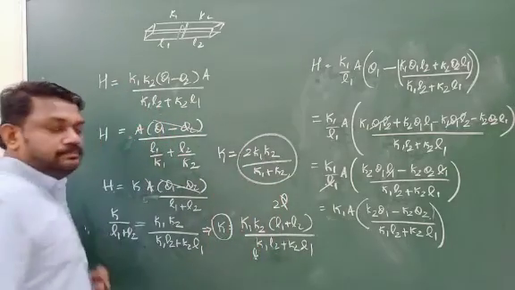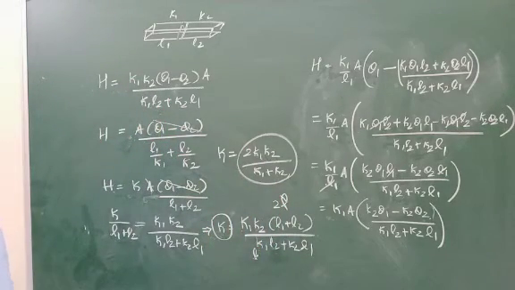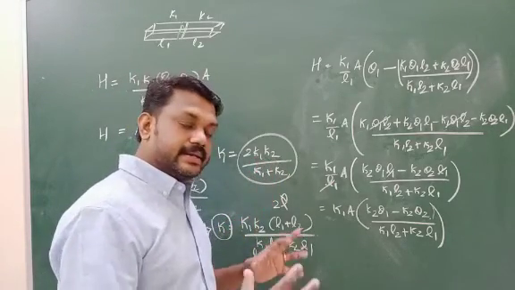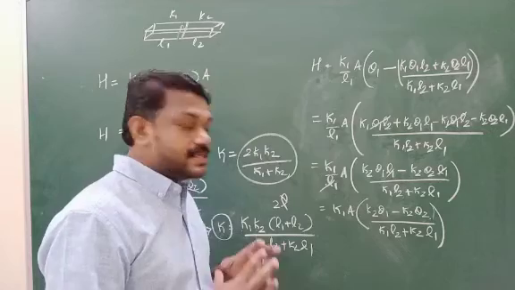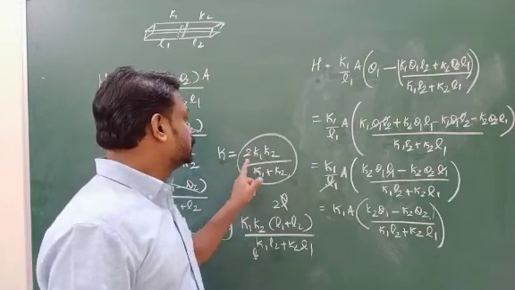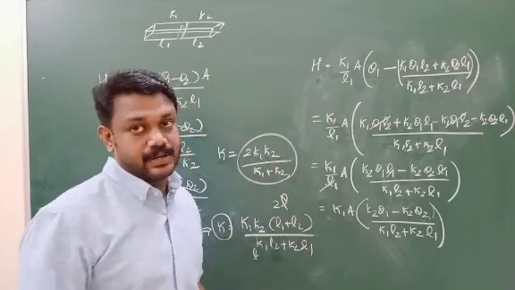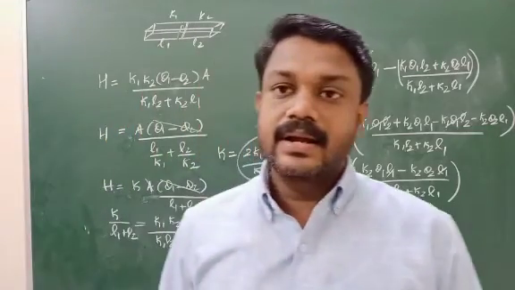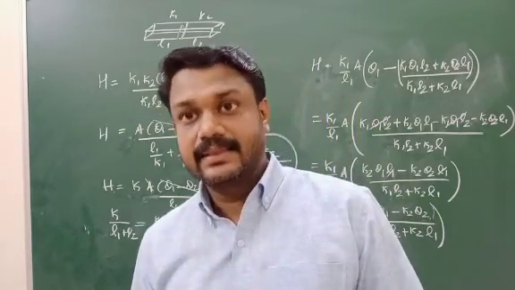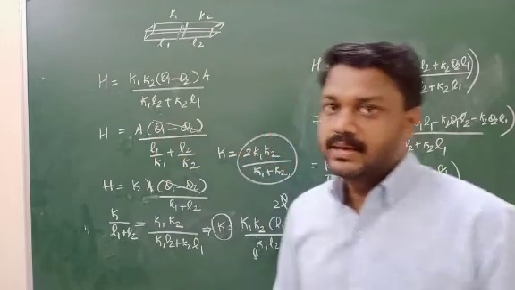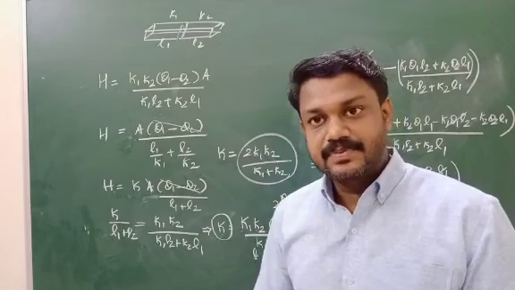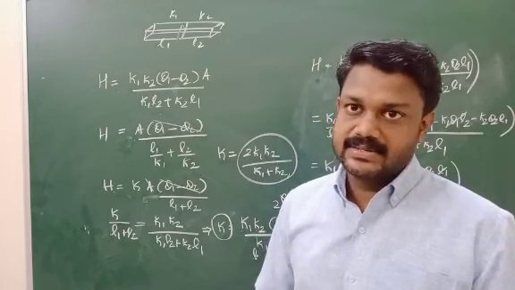So when two conducting slabs of thermal conductivities K1 and K2 are joined in series, their effective thermal conductivity will be K equal to 2K1 K2 divided by K1 plus K2, where K1 and K2 are the thermal conductivities of those materials and they have the same length. That is the effective thermal conductivity when conducting slabs are connected in series.